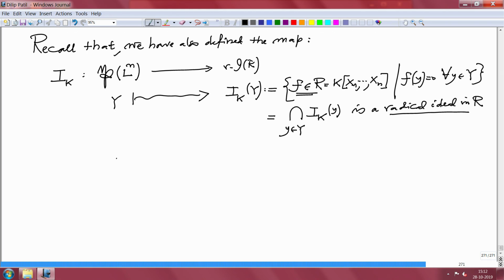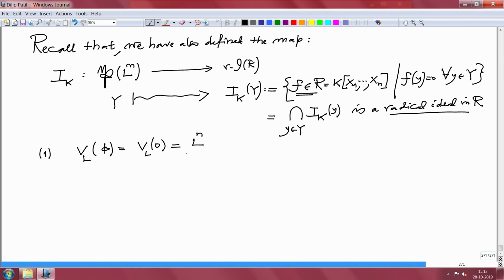So first of all, some obvious properties of both these maps are: one, that V_L of the empty set is equal to V_L of 0. 0 means the zero ideal, so this is also a radical ideal. So that is L^n. On 0, the zero polynomial vanishes at every point in L^n.